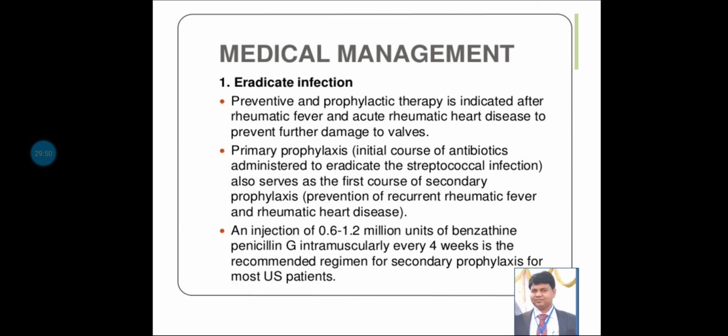Preventive and prophylactic therapy is indicated after rheumatic fever and acute rheumatic heart disease to prevent further damage to the valves. For primary prophylaxis, an initial course of antibiotics is given to eradicate the streptococcal infection, and then in the later stage, in the chronic condition, we can give an injection of 6 lakh to 12 lakh units of benzathine penicillin G intramuscularly every 4 weeks, the recommended regimen for secondary prophylaxis.